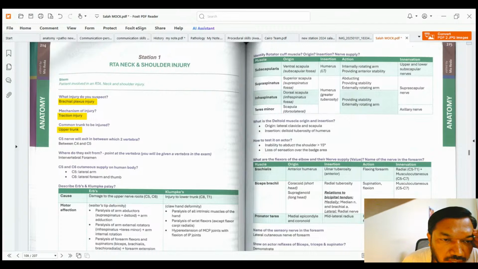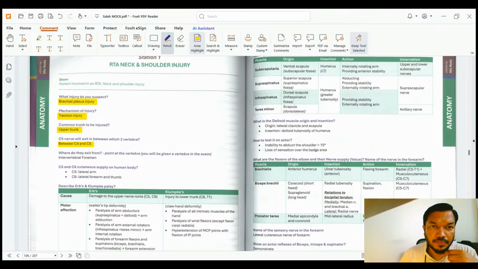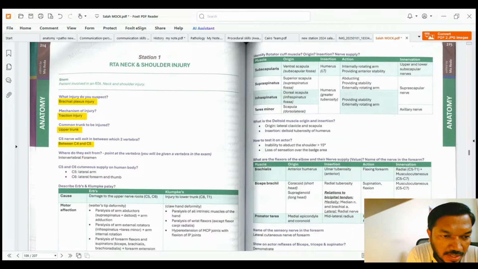C5 nerve will exit in between which two vertebrae? Between cervical 4 and cervical 5. Where do they exit? They exit from the intervertebral foramen.